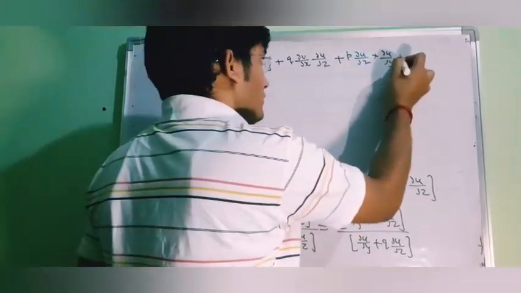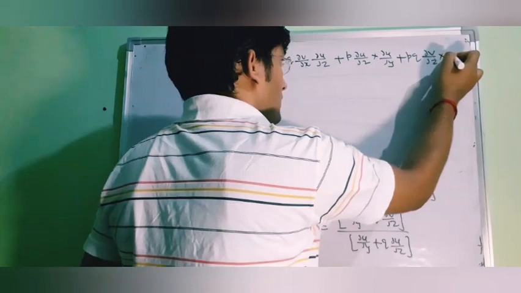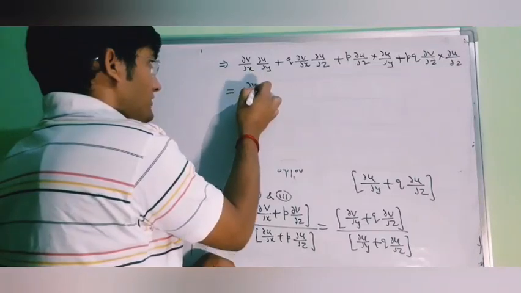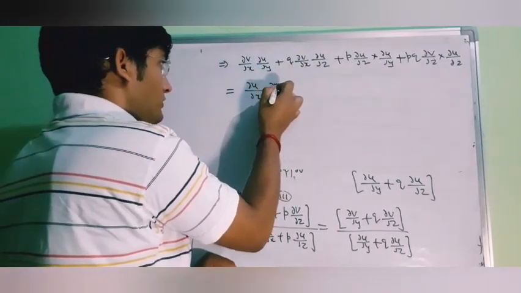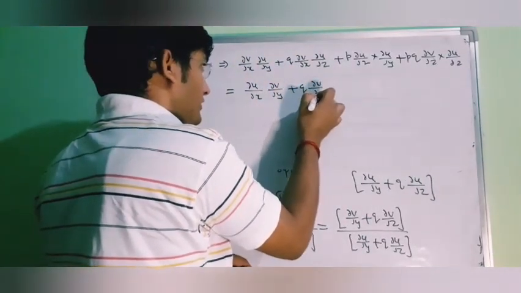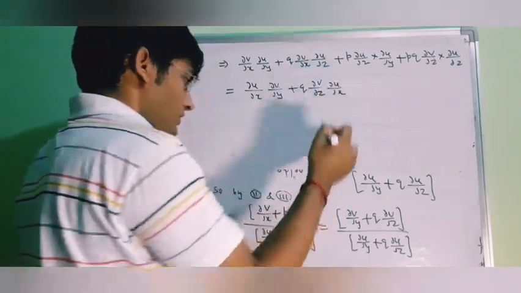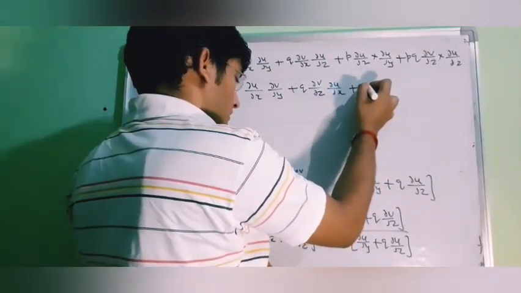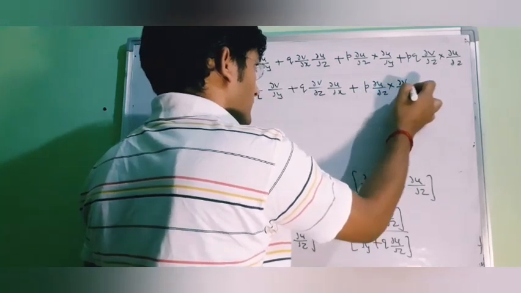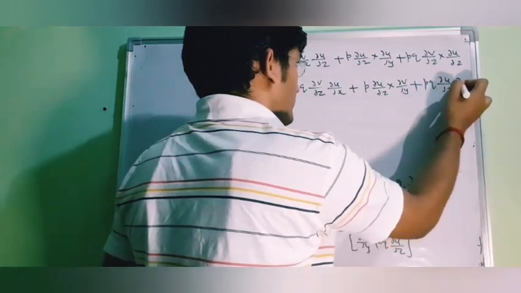Then we will get pq ∂/∂z into ∂/∂z, and in the right hand side we will have ∂/∂x into ∂/∂y plus q times ∂/∂z into ∂/∂x plus p times ∂/∂z into ∂/∂y, then pq ∂/∂z into ∂/∂z.